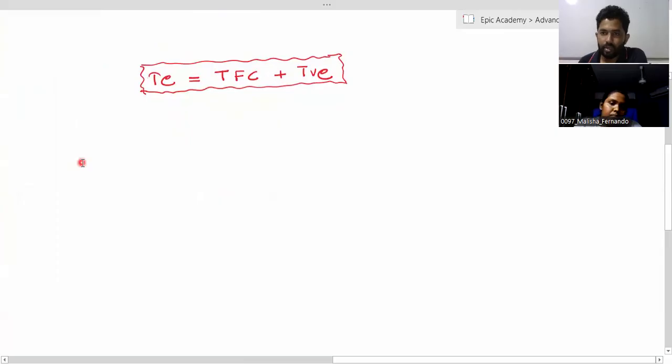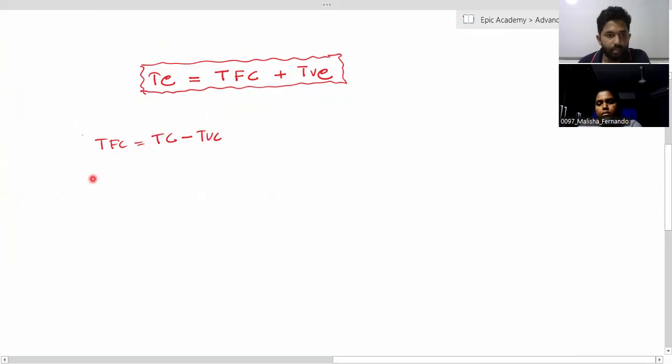This is the equation. By using this equation, you can calculate anything. This is the easiest way. Total cost is the combination of the total fixed cost and total variable cost. So then how can you calculate the TFC if it is not given? TFC equals TC minus TVC, isn't it?